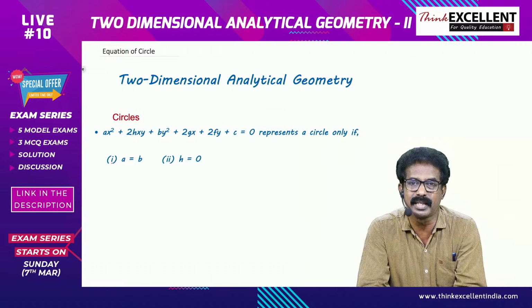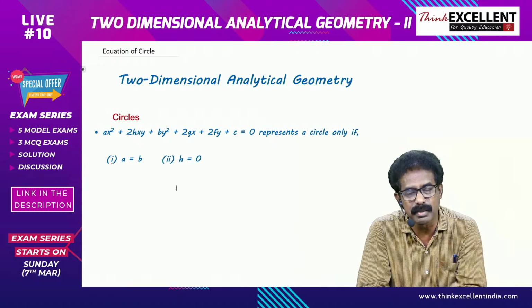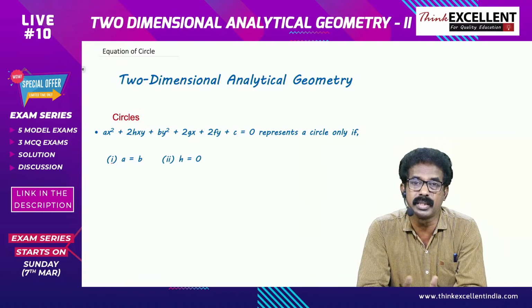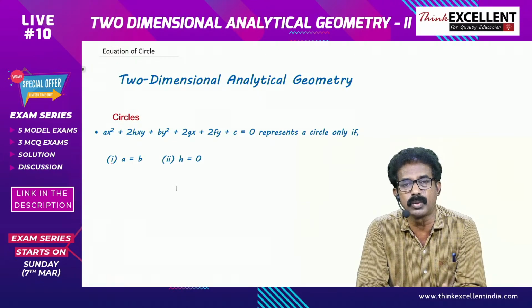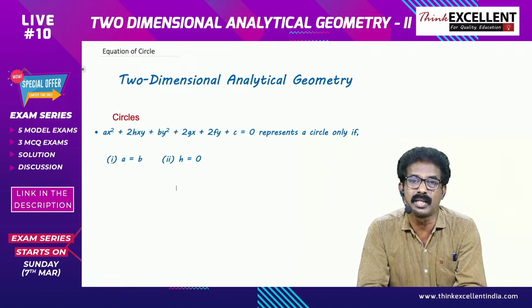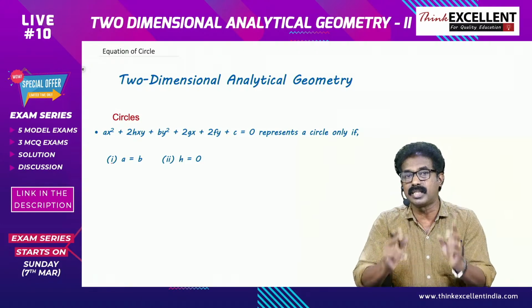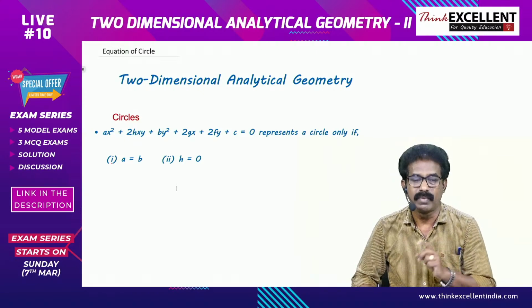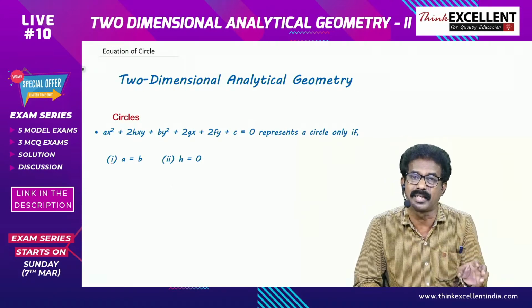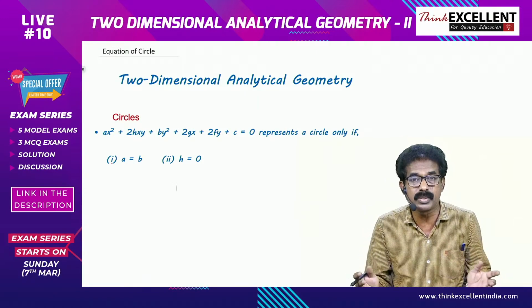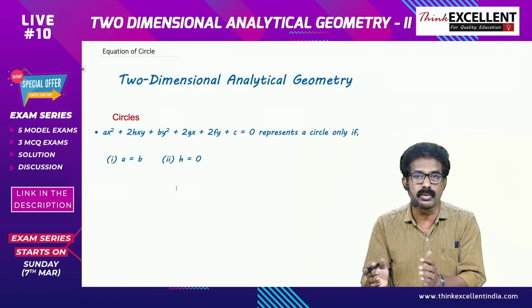For a general second degree equation to represent a pair of straight lines, it has to satisfy a condition. In the same way, a general second degree equation in x and y, namely ax square plus 2hxy plus by square plus 2gx plus 2fy plus c equal to 0, to represent a circle has to satisfy 2 conditions. The first condition is a equal to b. What is a? Coefficient of x square. What is b? Coefficient of y square. The x square coefficient and y square coefficient must be the same.